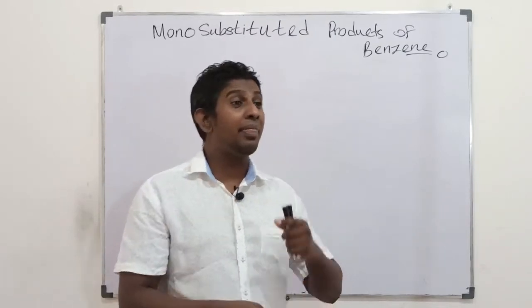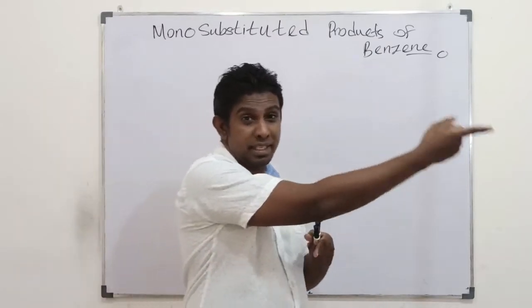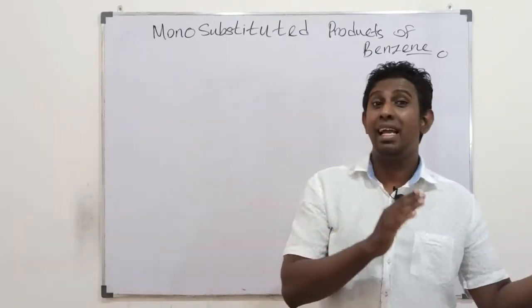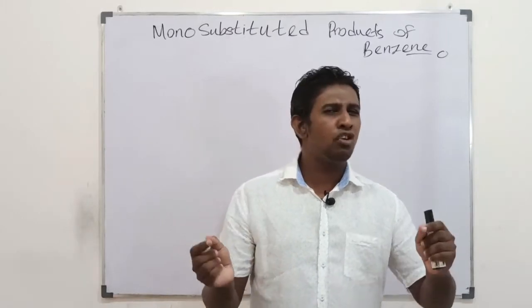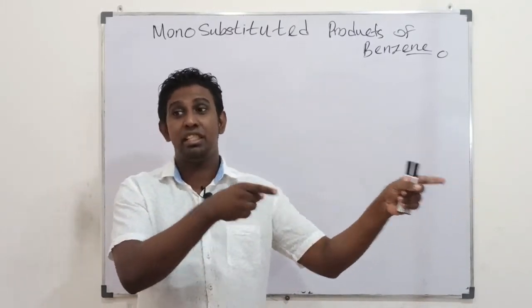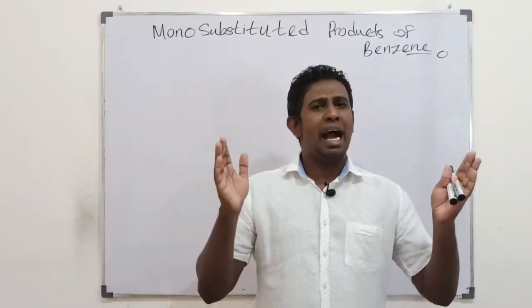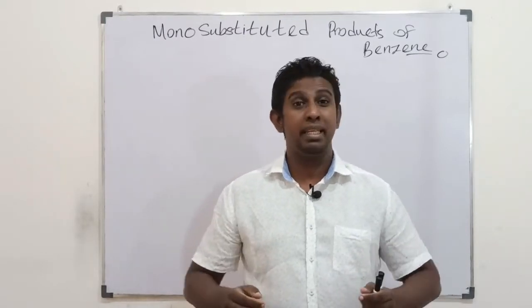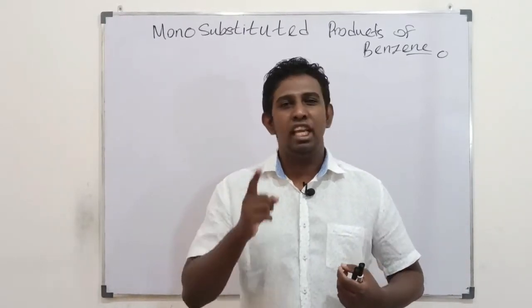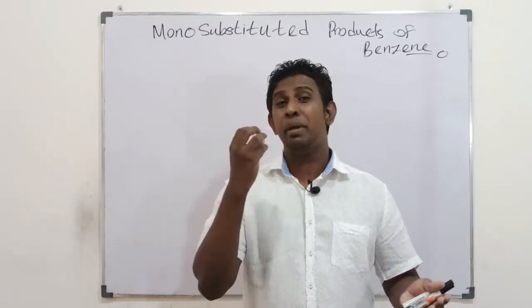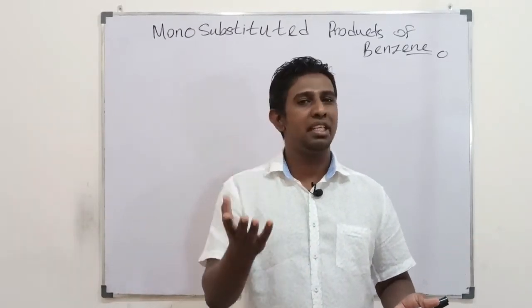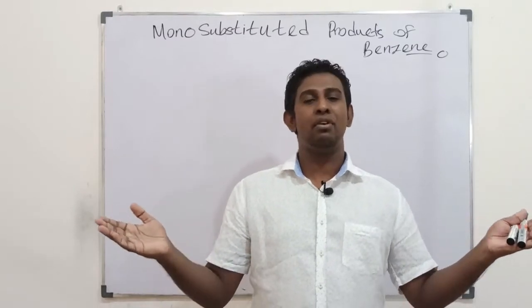Therefore, while other unsaturated substances like alkenes and alkynes participate in electrophilic addition reactions, benzene is involved in electrophilic substitution reaction. So it's a specific kind of reaction that benzene is famous for.